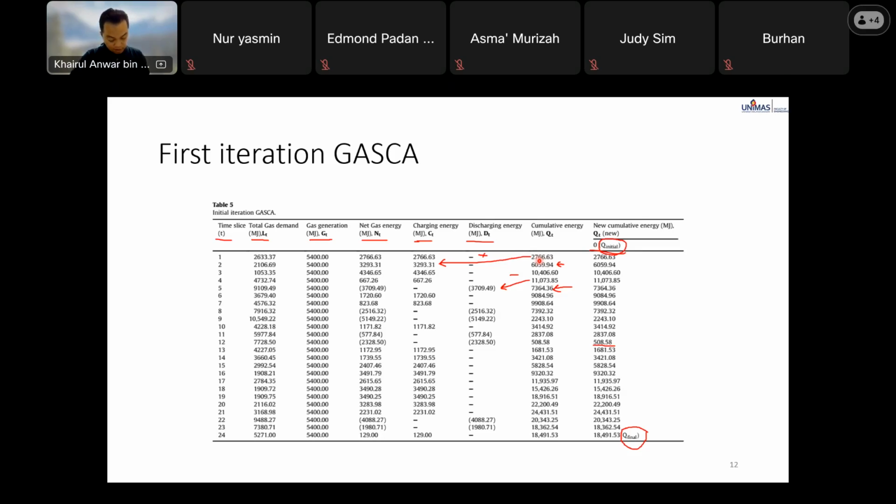Whereas the initial and the final energy content at biogas storage was determined to be 0 and 18,491 megajoule. One is for Q initial and Q final. 24,432.